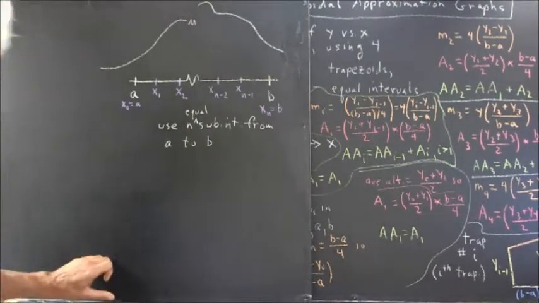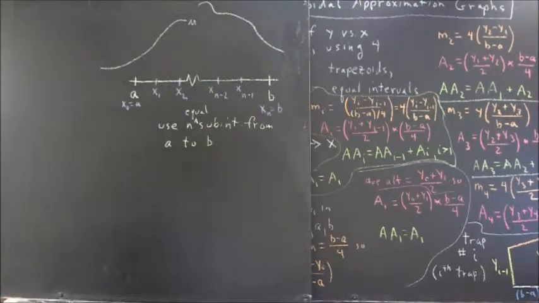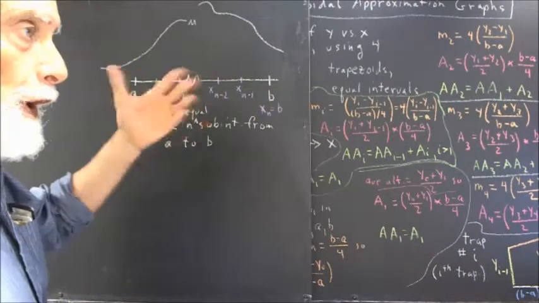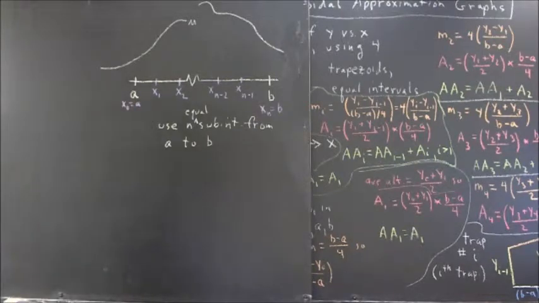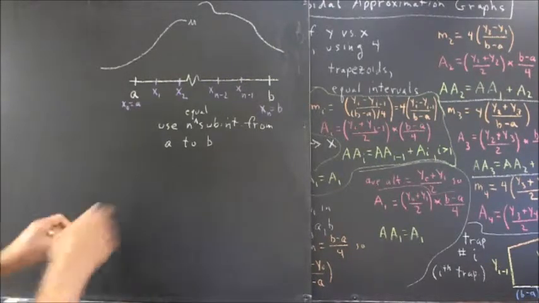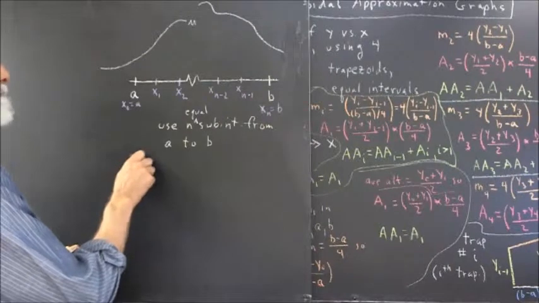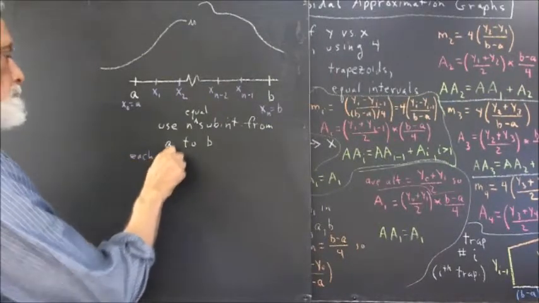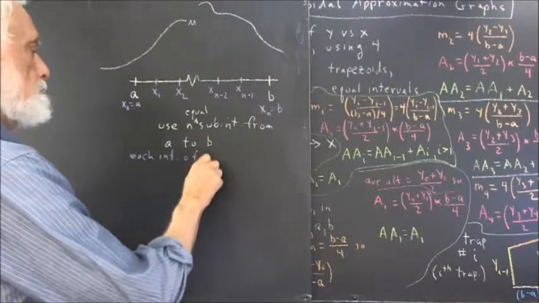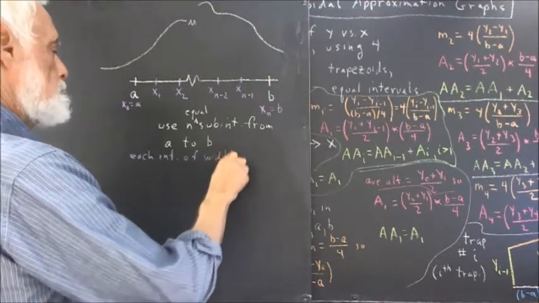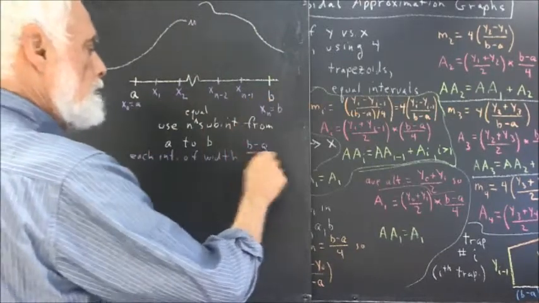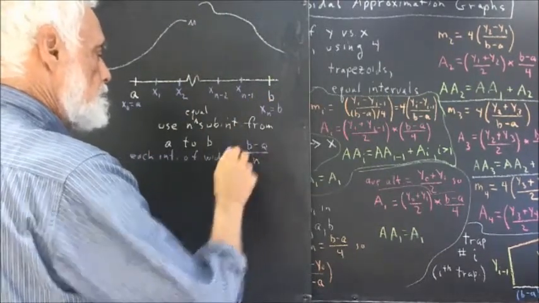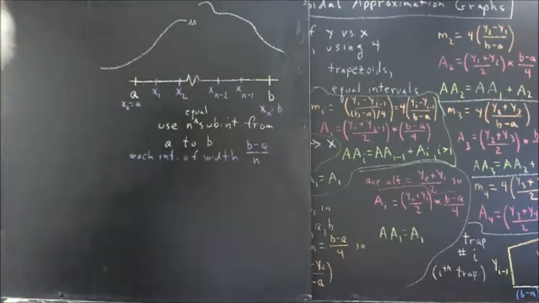That could be implicit, but I'll write that out explicitly. So if we know A and B and we know n, then we easily calculate the width of an interval, and each interval is of width the total distance from A to B divided by the number of intervals. So it's going to be B minus A over n.